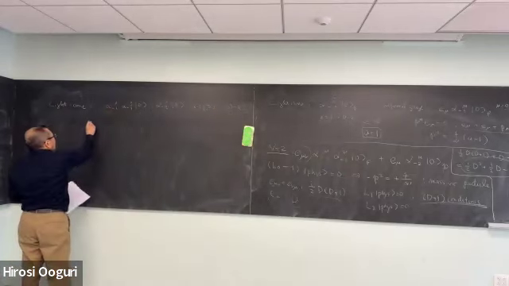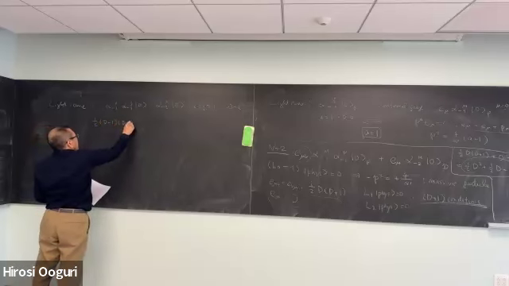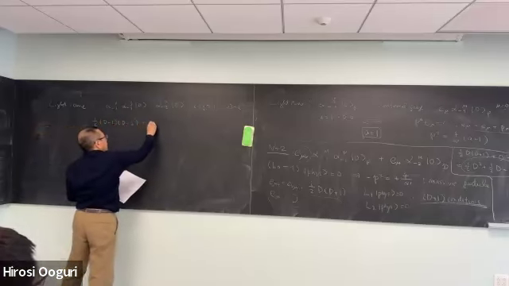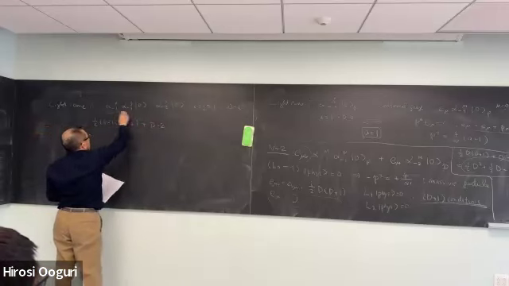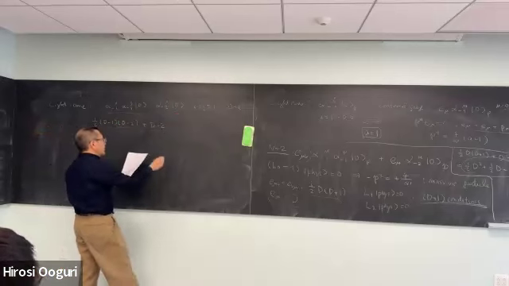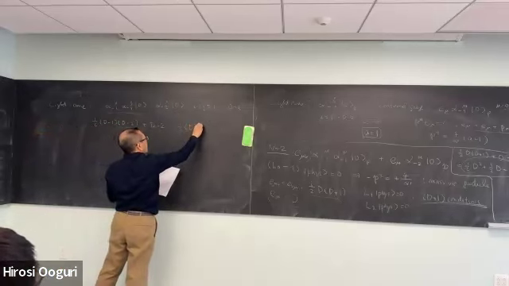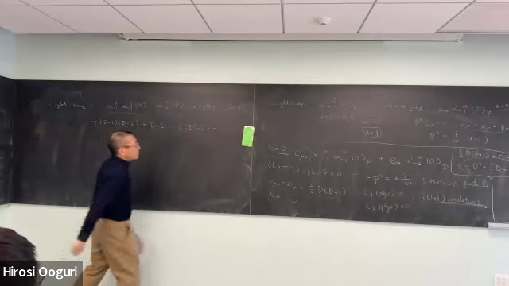So that means that the number of states is D minus 1, D minus 2, plus D minus 2, because there are this many components and this many components. So that means 1/2 of D squared minus D minus 1.